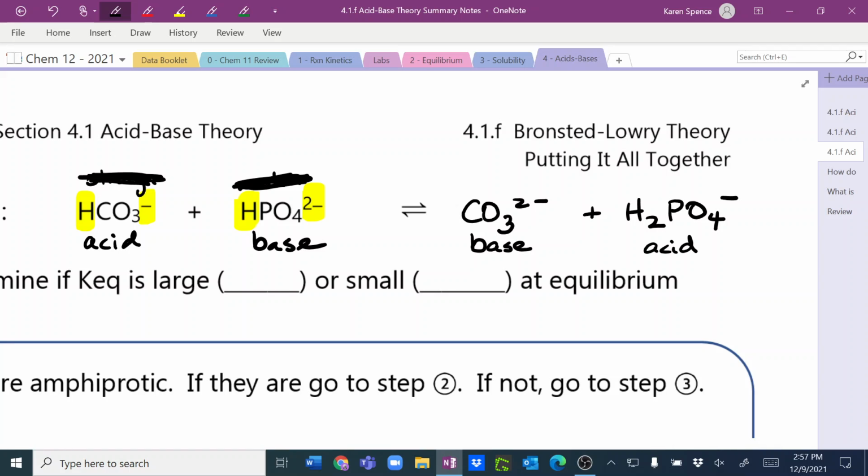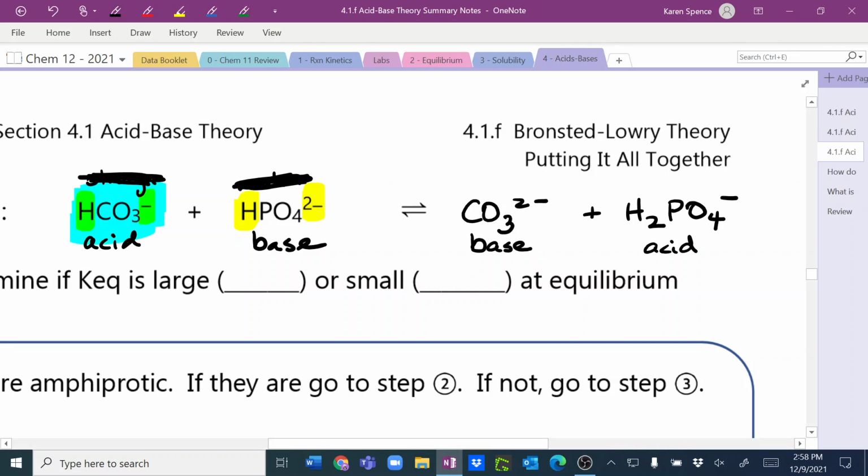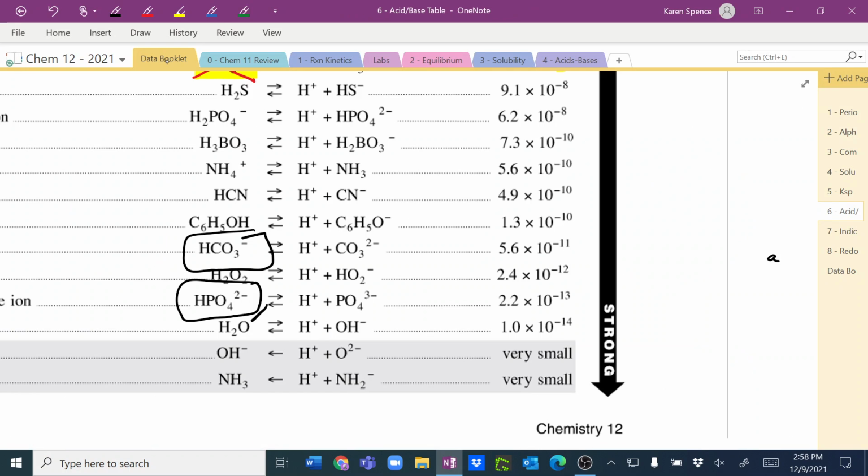What will we do now to predict who is favored? Compare the two acids. So we're going to take this acid here and compare it with this acid on the product side. Going to our data booklet, remember we're no longer concerned with the HPO4 because we decided that was acting as a base.